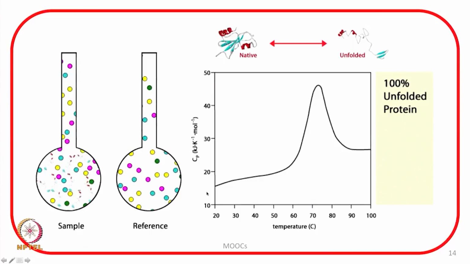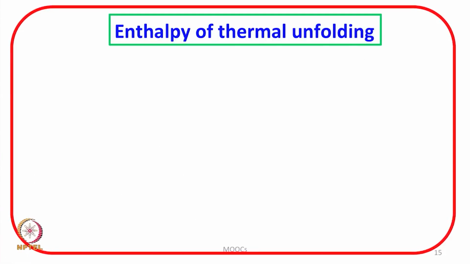What we have obtained is a heat capacity versus temperature curve, and we have to extract the thermodynamic information from this heat capacity versus temperature transition curve. Let us see how we get that information.